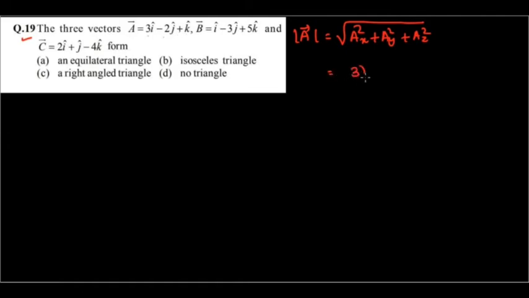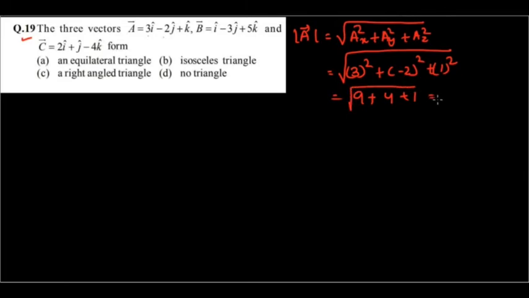So you will get square root of 3 square plus minus 2 square plus 1 square. So 3 square is 9, plus minus 2 square is 4, plus 1 square is 1. So we'll get 9 plus 4 is 13, 13 plus 1 is 14. So we'll get square root of 14.